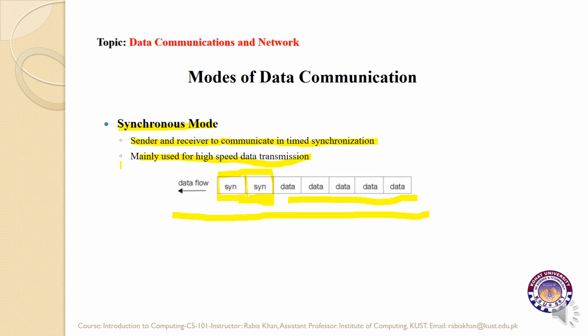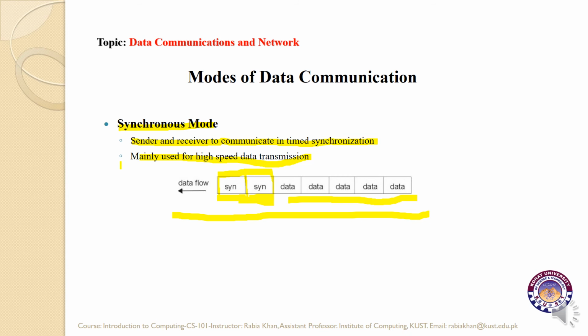So the receiver then synchronizes its clock with the sender. So a connection is first developed between the sender and the receiver. Once the clocks of both sender and receiver are synchronized, only then is data transferred from the sender to the receiver.